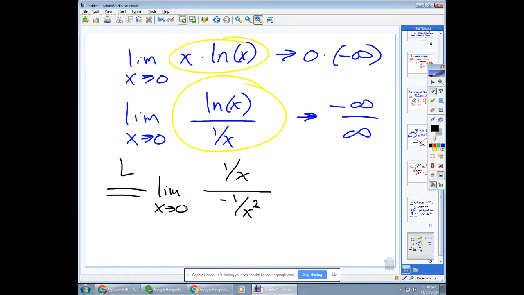Now this cleans up quite nicely: 1 over x times negative x squared over 1, and that cancels to negative x. So this algebraically becomes the limit as x goes to 0 of negative x, which is?